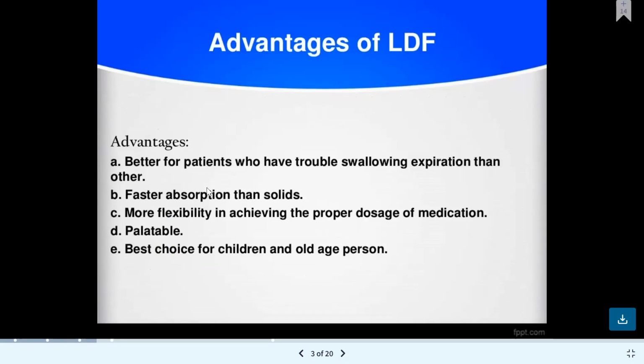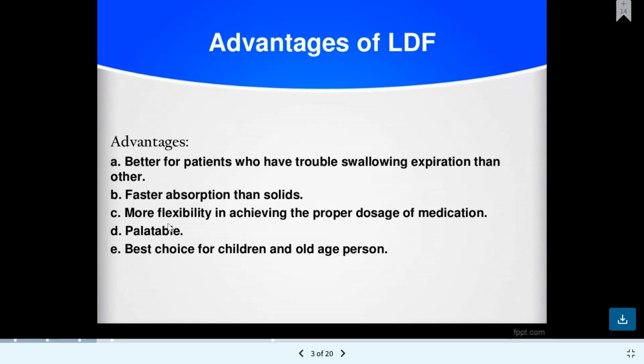Next, the advantages of liquid dosage form. The first is that it is better for patients who have trouble swallowing. If any patient has trouble swallowing the drug, it is better for that candidate. Second, faster absorption than solid: the absorption of liquid dosage form is much more as compared to solid.